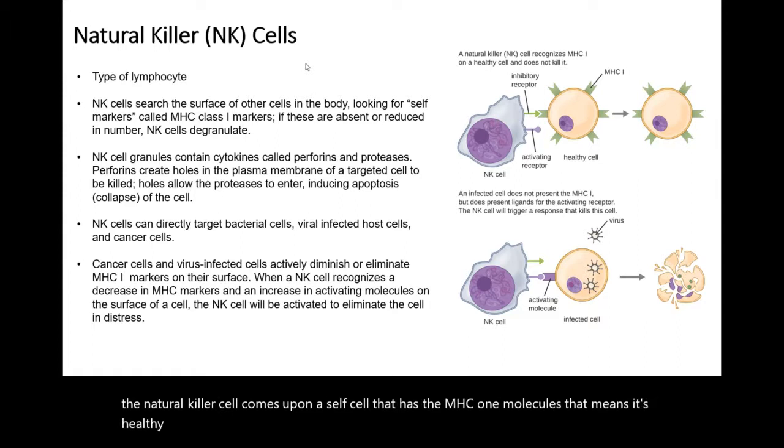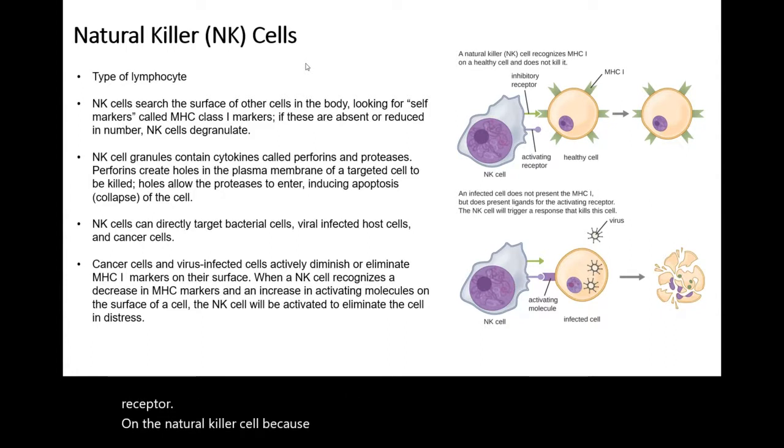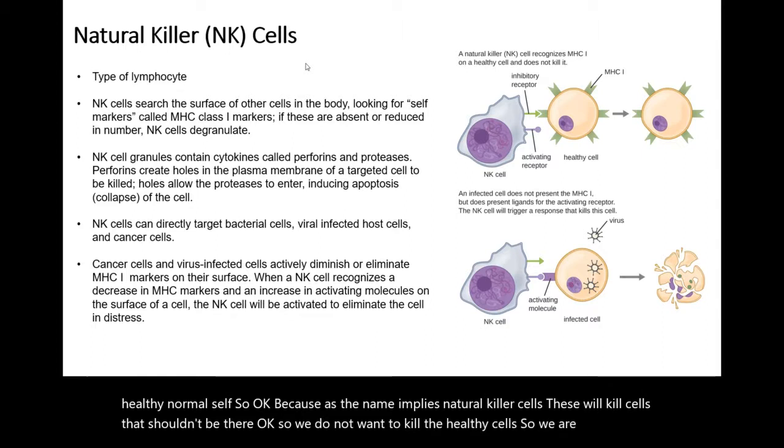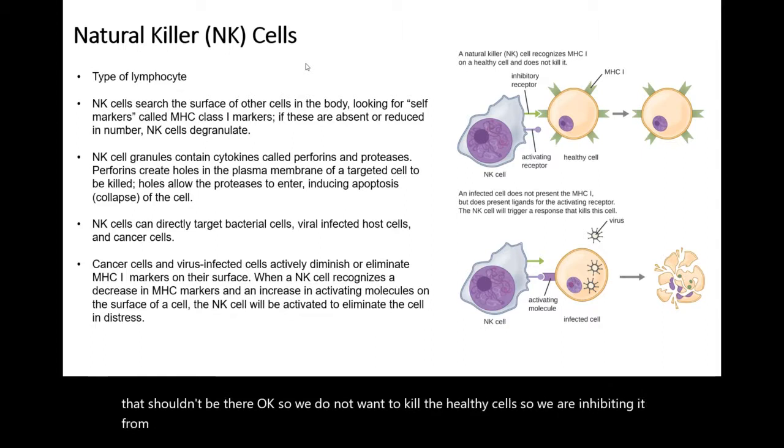The shape of the MHC1 is going to be complementary to the inhibitory receptor on the natural killer cell, because we want to inhibit the natural killer cell from killing that healthy, normal self cell. Because as the name implies, natural killer cells will kill cells that shouldn't be there. So we do not want to kill the healthy cells, so we are inhibiting it from doing its job. That's why it's called the inhibitory receptor.